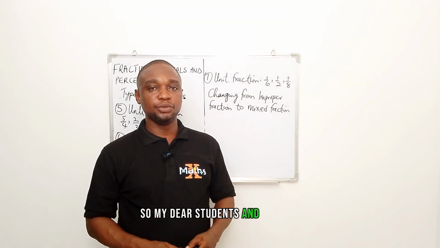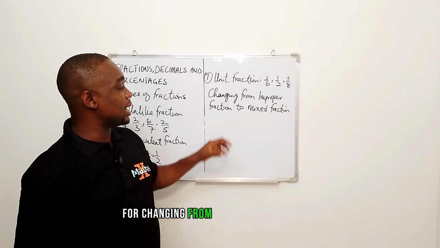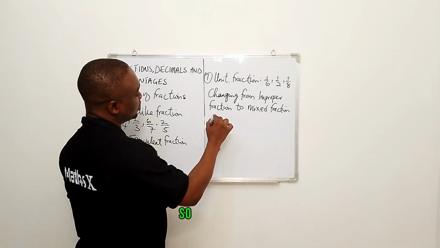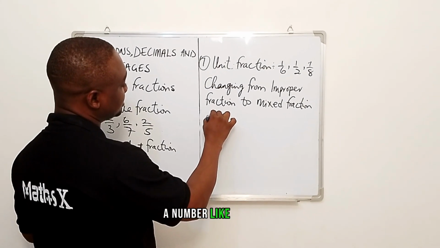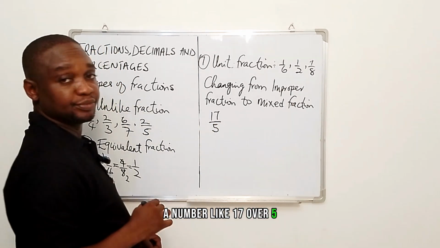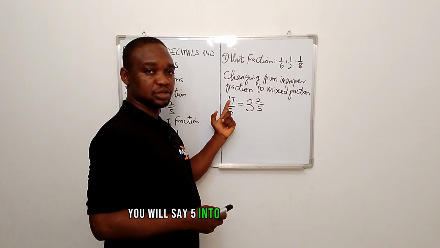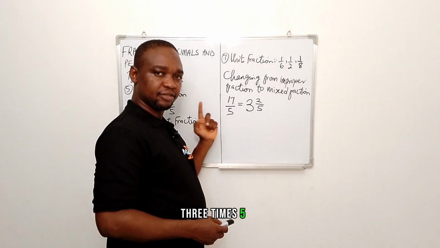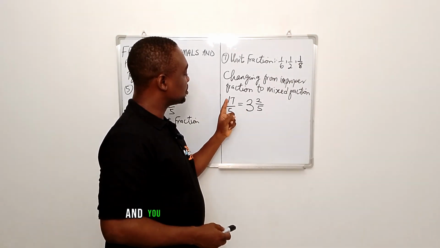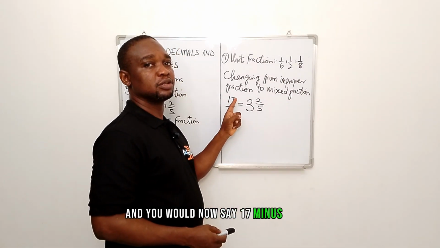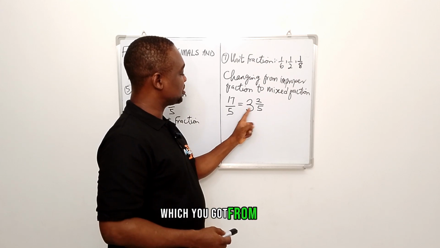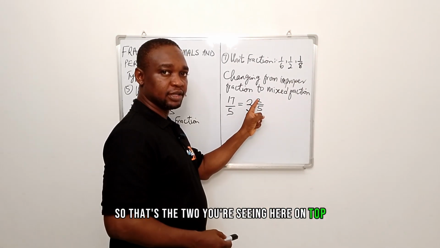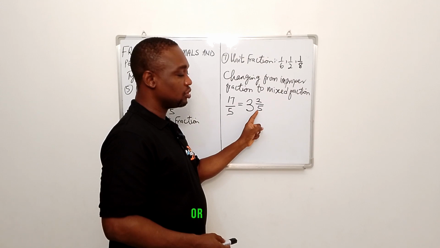For changing from an improper fraction to a mixed fraction, I'll try an example. I'm looking at a number like 17 over 5. You would say 5 into 17 is 3. 3 times 5 is 15. And you would now say 17 minus the 15 is 2. That's your remainder, all over 5.